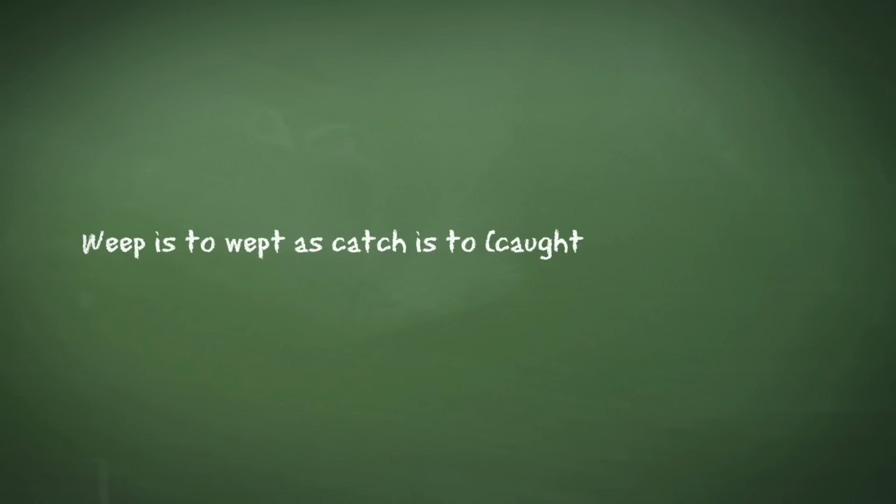For example, weep is to wept, as catch is to caught, catching, or caught. In this question, you should again start by looking at the first part of the sentence. Weep is to wept. You will see that wept is the past tense of weep.